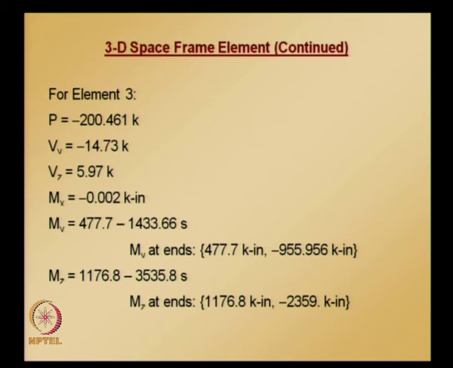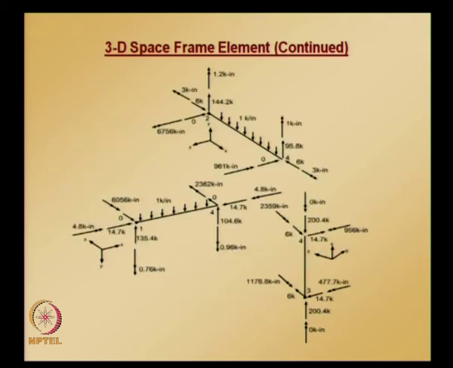So, once we obtain axial forces, shears, moments, we can draw the free body diagram. The forces can be shown on the element free body diagram like this, and we can check the equilibrium of each of these elements for numerical accuracy, and also we need to make sure that all the elements put together are in equilibrium.